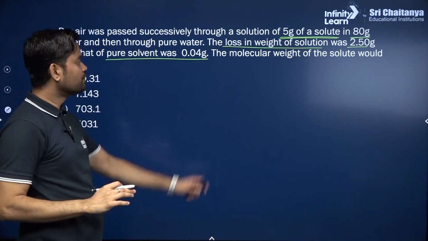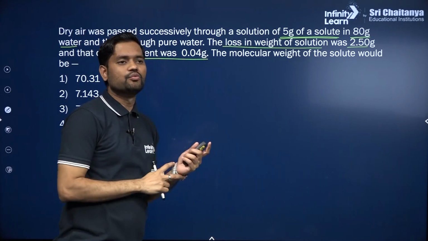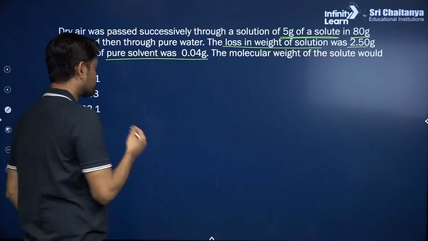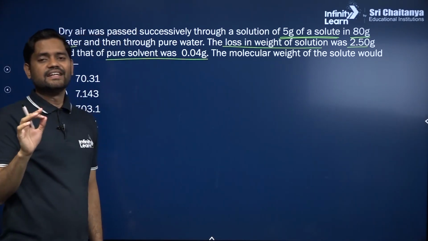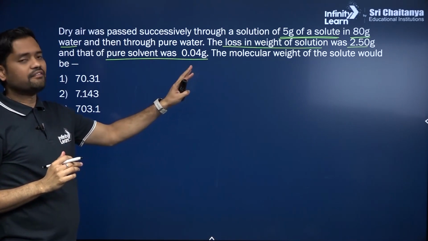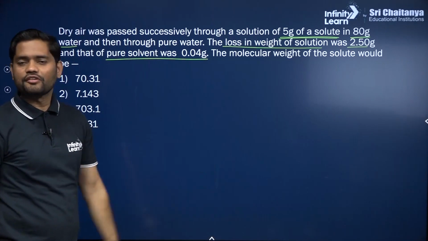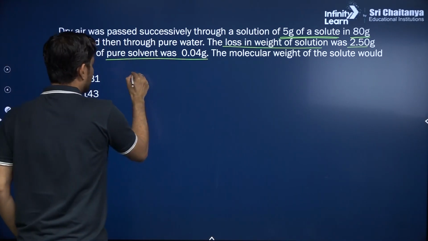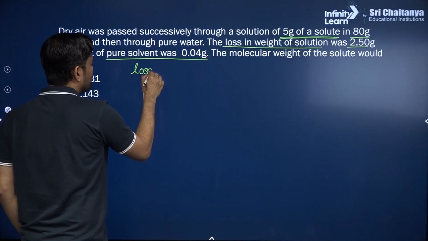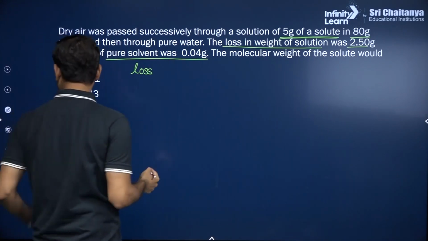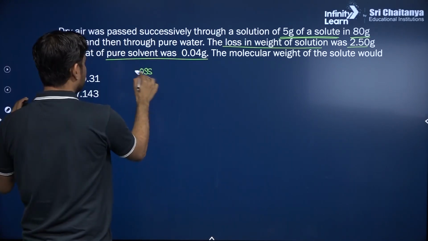Clear? Sure. The molecular weight of the solute would be, okay. So guys, see here, what we need to calculate is molecular weight. Loss in weight of solution is given, loss in weight of solvent is also given. So, okay, weight loss of solvent, wait a sec.